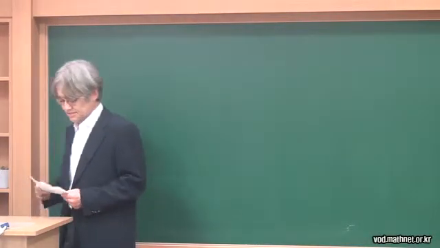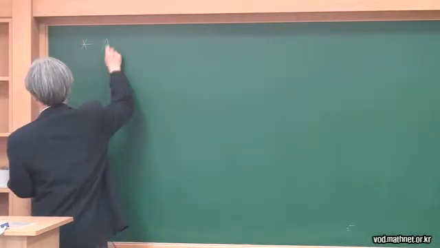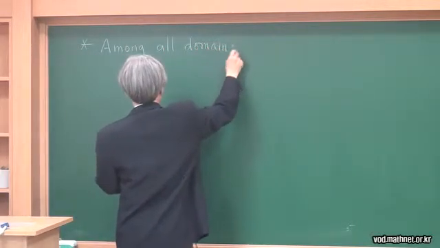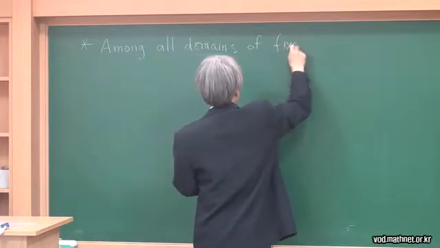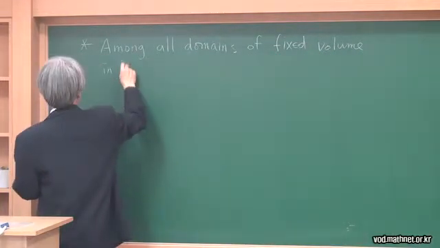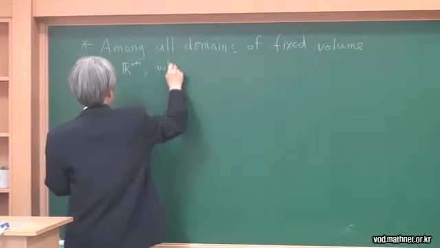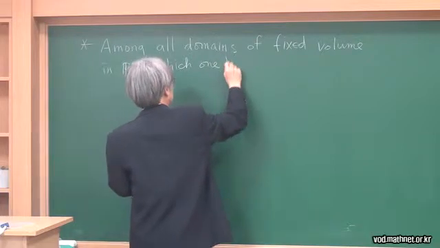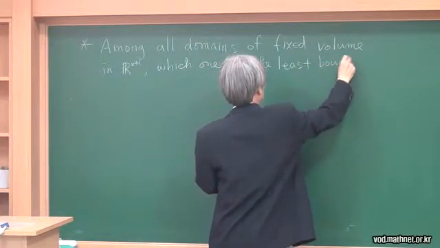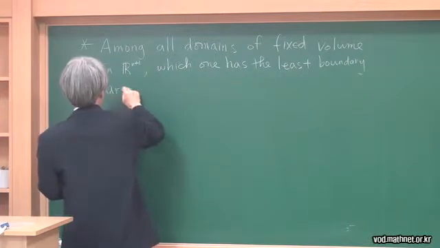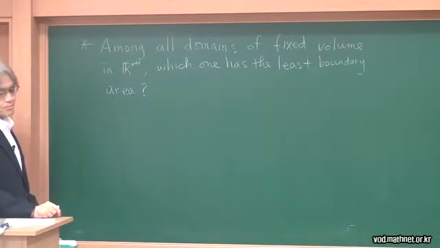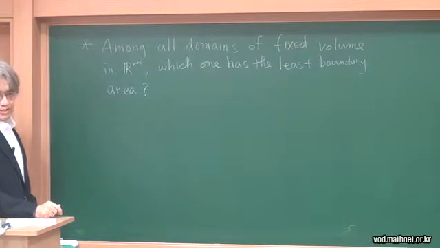Let me start with the following problem. Among all domains of fixed volume in n+1 dimensional Euclidean space, which one has the least boundary area?